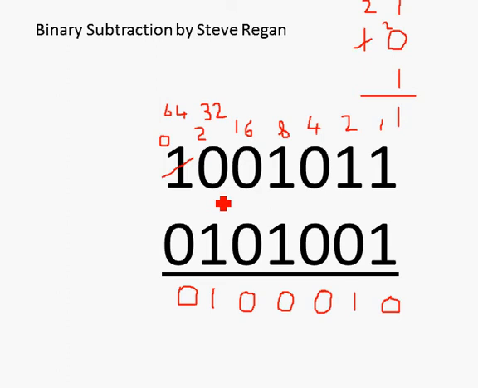Now a quick bit of maths will tell you that the first number before we did any subtraction was 64 plus 8, which is 72, plus 2, which is 74, plus 1, which is 75. So the number on top is 75.